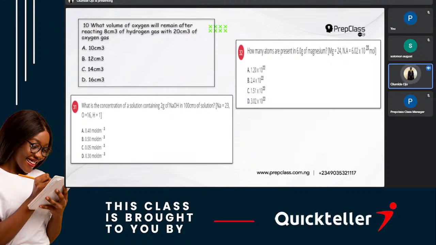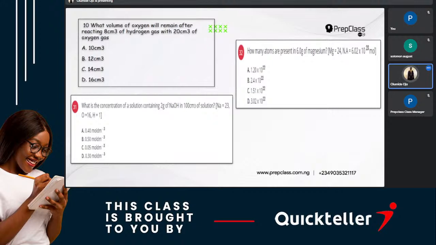The number of moles equals concentration times volume over 1000. Since this volume is in cm cubed, we are going to divide by 1000. So we have 0.05 equals the concentration that we are looking for times volume, which is 100 over 1000.